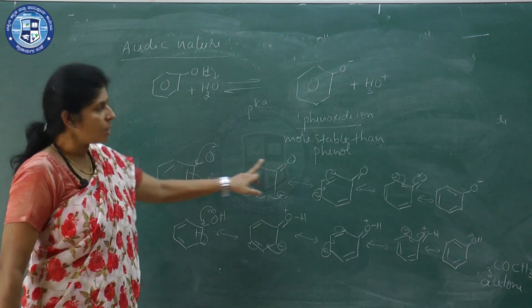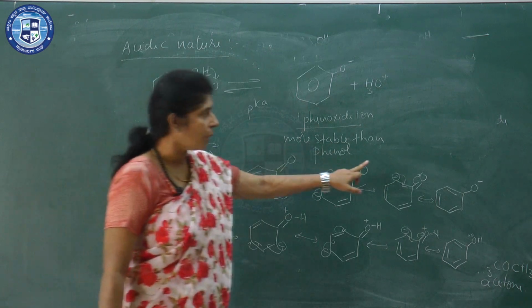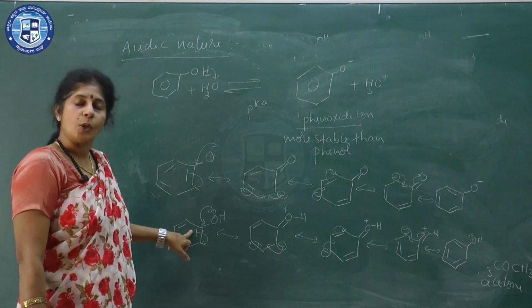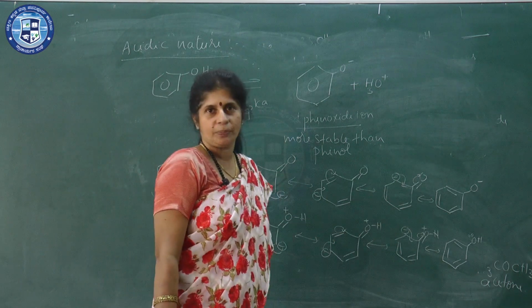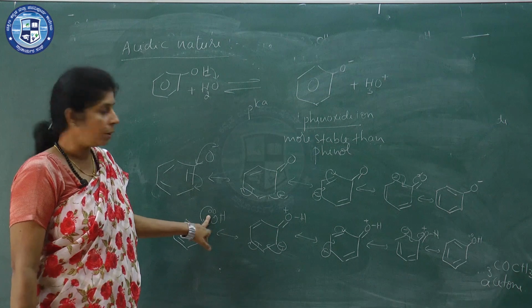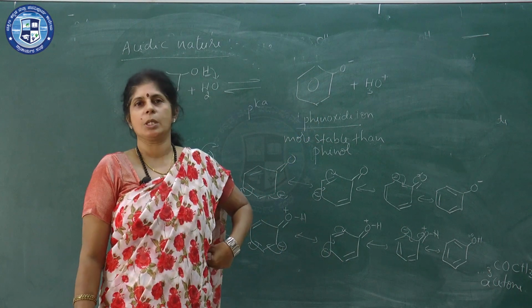In the resonance structures of phenoxide, the oxygen atom either carries a negative charge or it has no charge. Whereas in the resonance structures of phenol, in the first and fifth structures, oxygen carries a lone pair of electrons, and in the remaining middle three, the oxygen atom carries a positive charge.